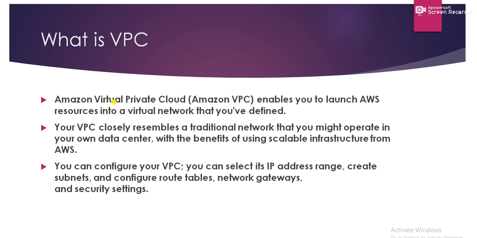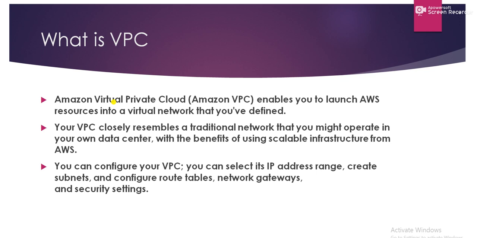So VPC stands for Virtual Private Cloud. It is a network and content delivery service. Okay, so VPC enables you to create a network in a public cloud. That means you can set up your own network. You can launch your resources inside your network, like it is a network inside your data center.